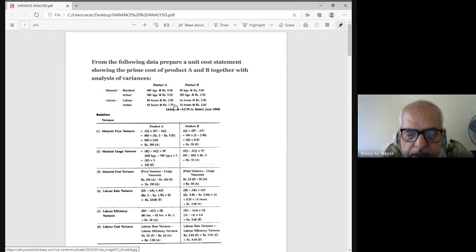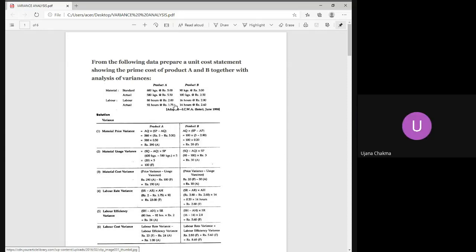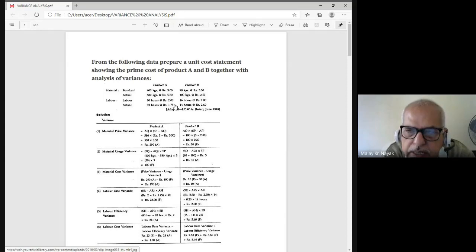What is the figure? 24. Actual hours are more than standard hours. Good or bad? Bad. So what should you write within bracket? A. Clear?